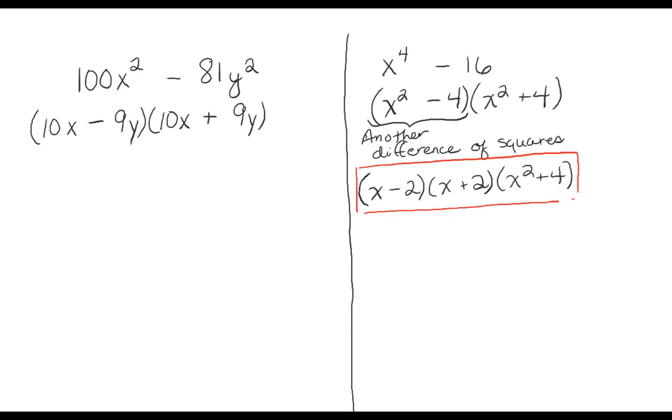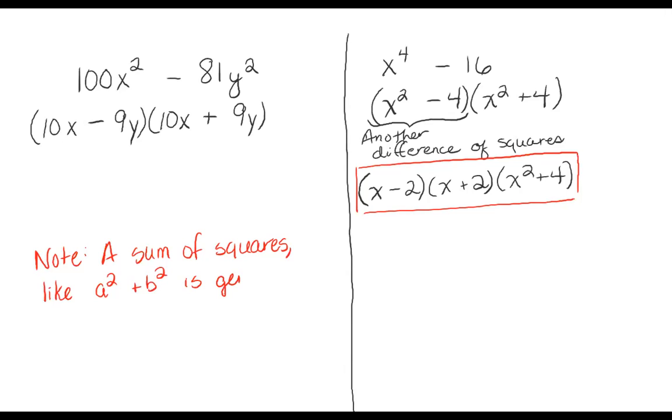And so a short but important note to this, a little footnote, is that a sum of squares like a squared plus b squared, or like that x squared plus 4 that we had at the end of that last problem, is generally going to be prime.